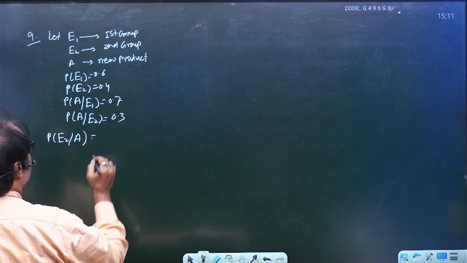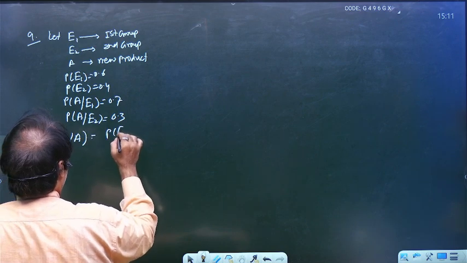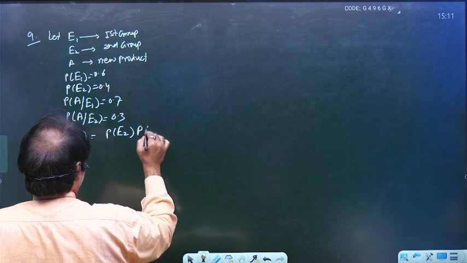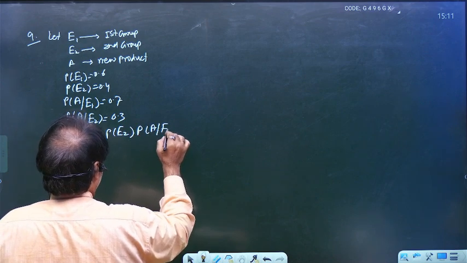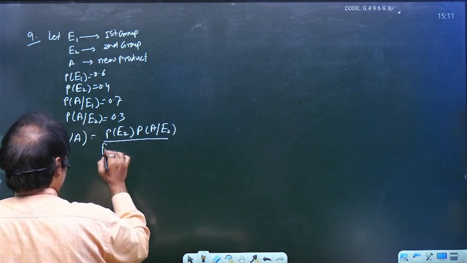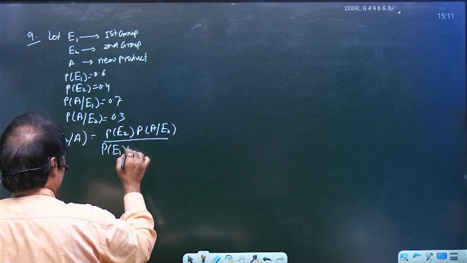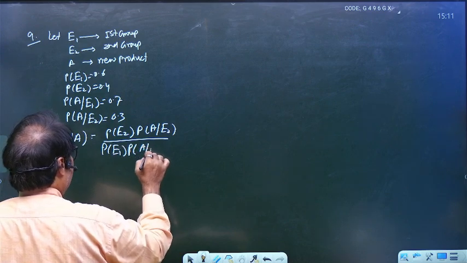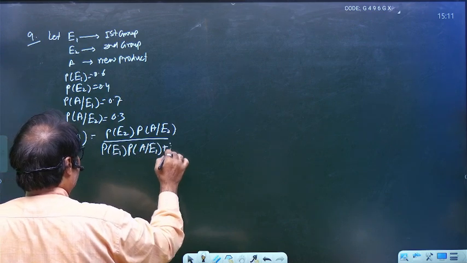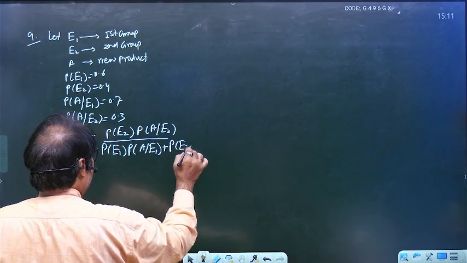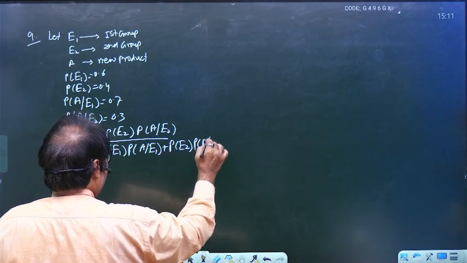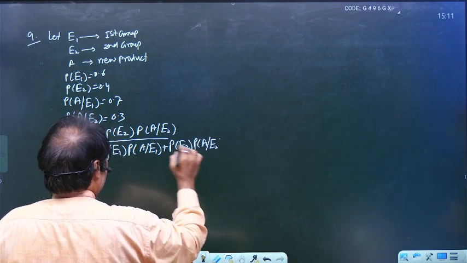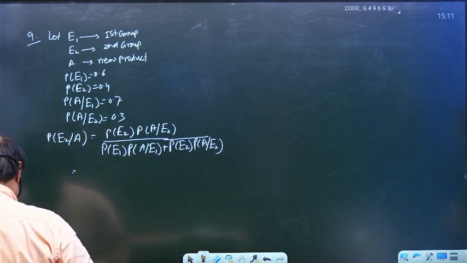So apply the Bayes theorem. Probability of E2 into probability of A by E2 upon probability of E1 into probability of A by E1 plus probability of E2 into probability of A by E2. Okay, and now put all the values.